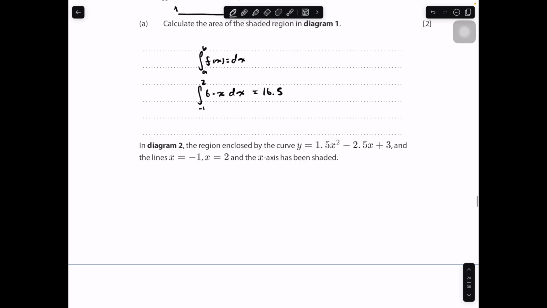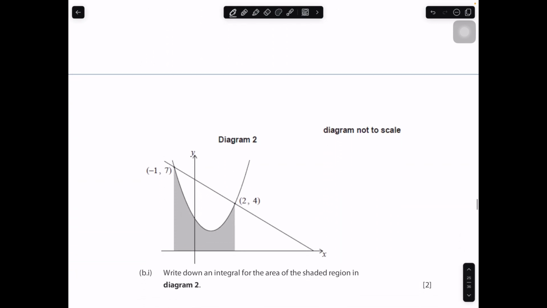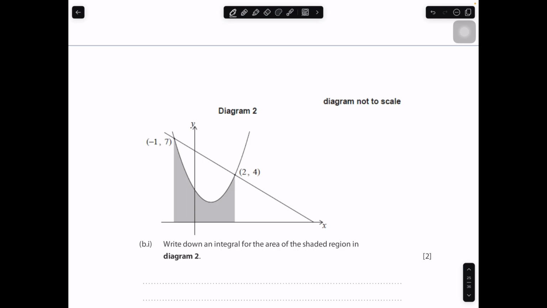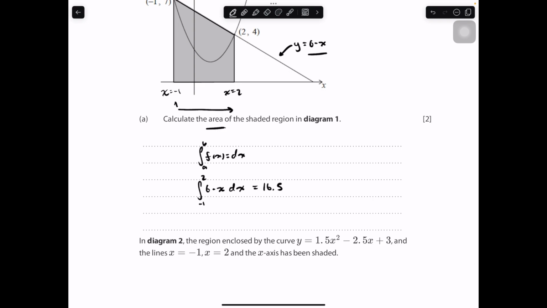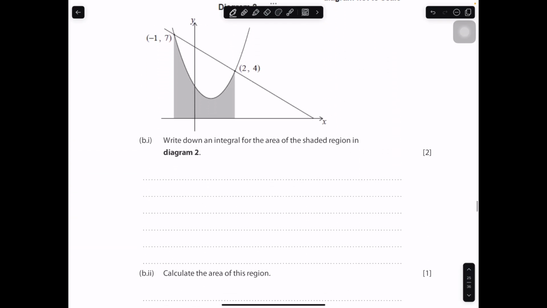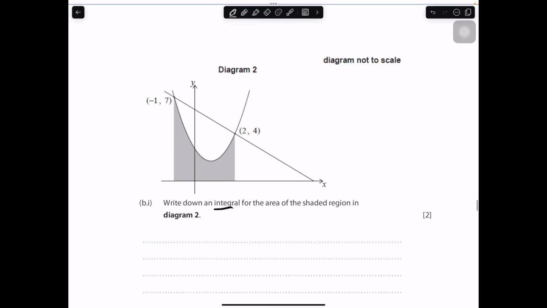Alright. In diagram 2, the region enclosed by the curve y equals 1.5x squared minus 2.5x plus 3, and the lines, again, x equals negative 1 and 2, and the x-axis has been shaded. Alright, so right here, write down the integral for the area of the shaded region. Here they're just asking us to write down an integral. Let's write it out: the integral from a to b of f of x dx.